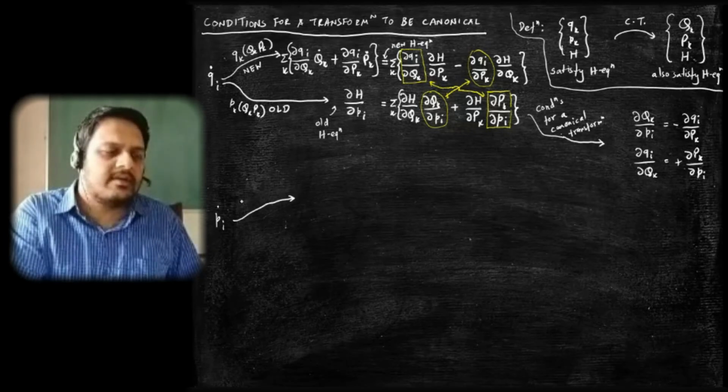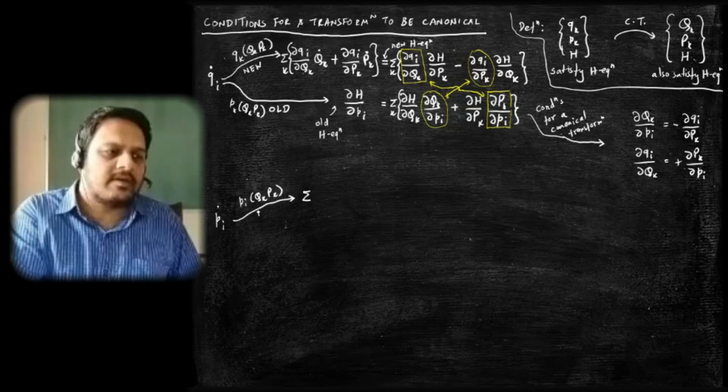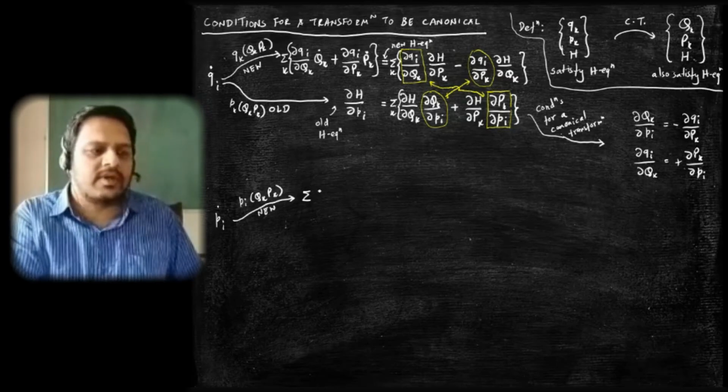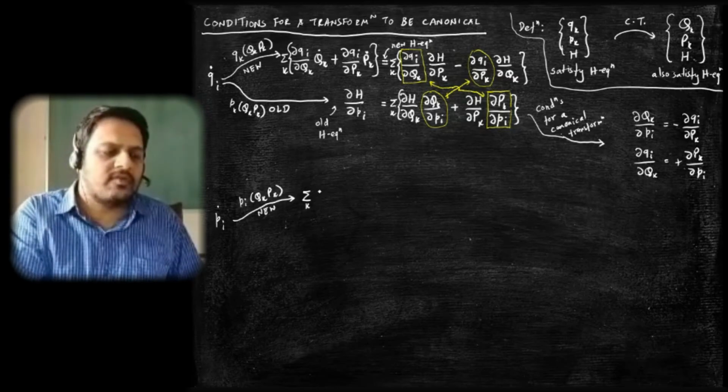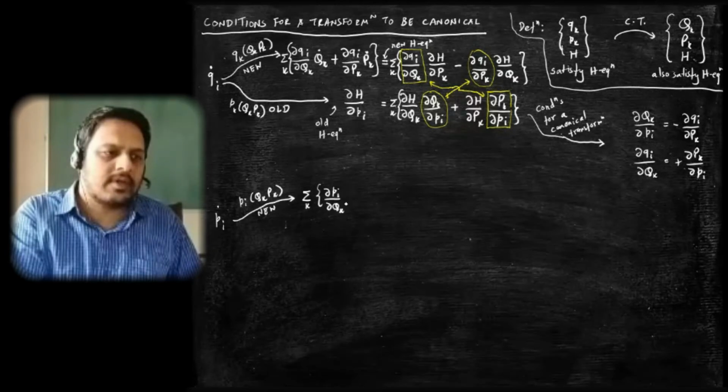If you treat Pi as a function of Qk and Pk, basically this is the approach where you start with the new variables, then summation over k of ∂Pi/∂Qk times Qk dot plus ∂Pi/∂Pk times Pk dot.